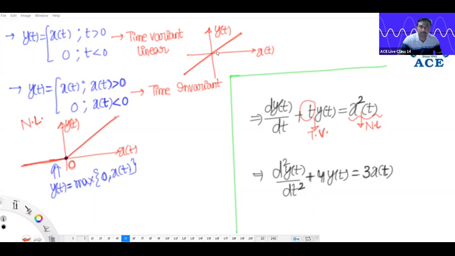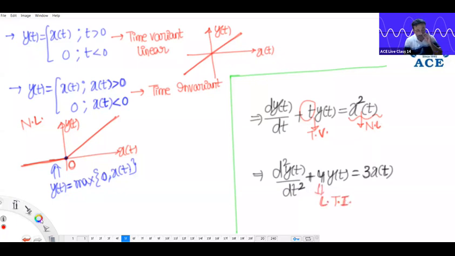Now you comment. Very good. It is an LTI system because all coefficients are fixed. The d² by dt² coefficient is 1, y(t) coefficient 4, x(t) coefficient 3. Of course, no nonlinear element visible.